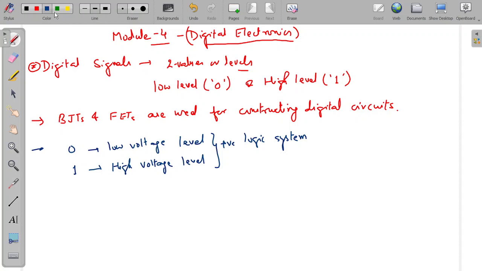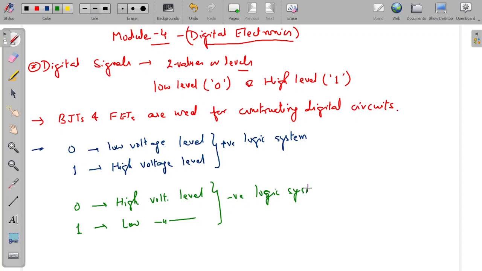Otherwise, if their roles are reversed, such that 0 is used for representing high voltage level and 1 is used for representing low voltage level, then they would be called a negative logic system.